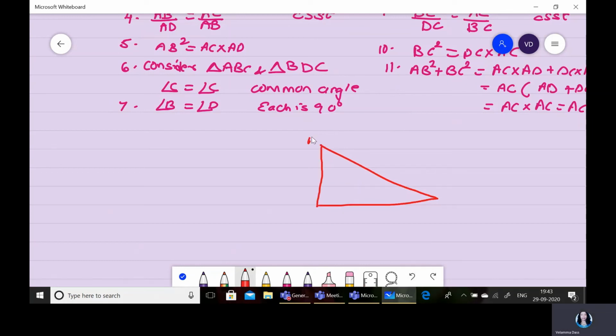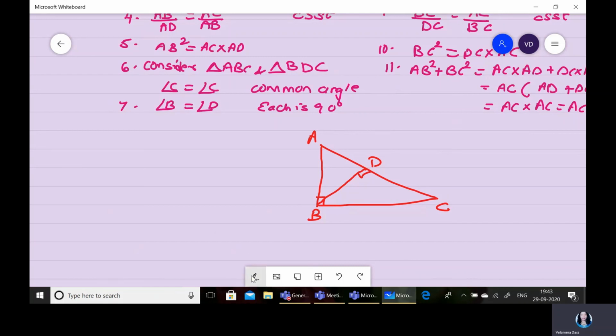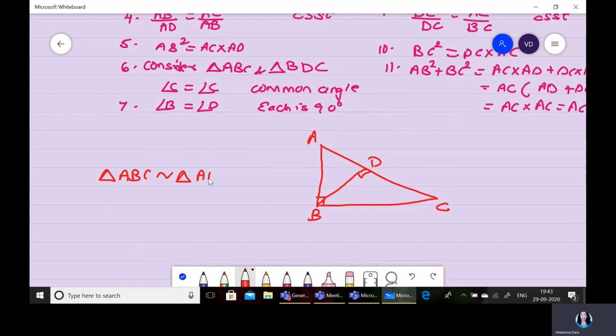If I take the triangle ABC, a right angle triangle, and the perpendicular is drawn from the vertex to the hypotenuse, then all the three triangles are similar to each other. That is what we have done. To find AB square, we took the bigger triangle ABC and triangle ADB.